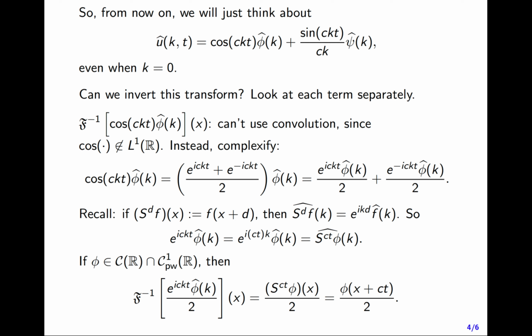It's not just in L1, but it's also continuous and piecewise continuously differentiable. But this means I'm able to invert that first term in the cosine of ckt on phi hat of k. And then I invert the second term in the same way. So the inverse Fourier transform of cosine of ckt phi hat of k at x should be phi of x plus ct plus phi of x minus ct over 2.